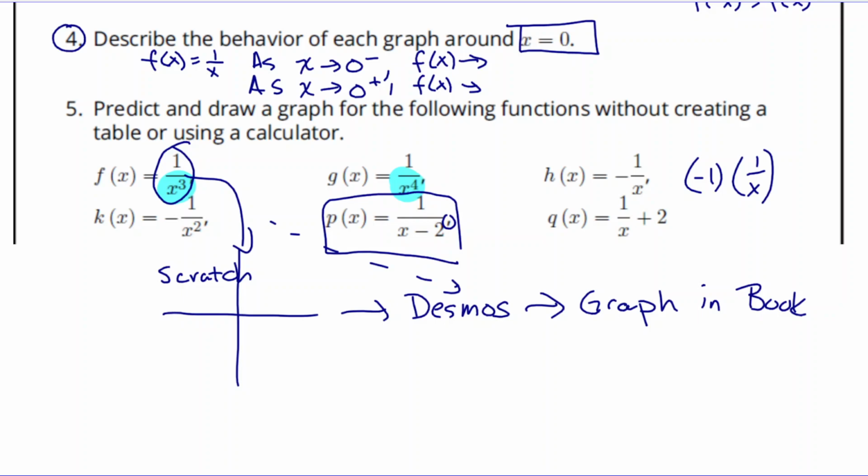Remember when we studied graph transformations that shift? When you subtract from the x, they usually cause a left-right shift, right? What will happen here? And the same thing here. What will that do to the graph of 1 over x?